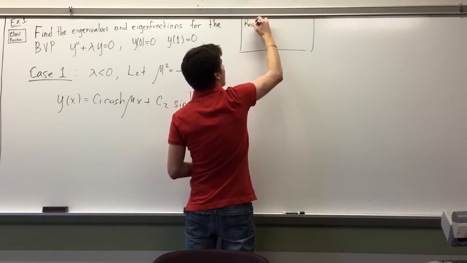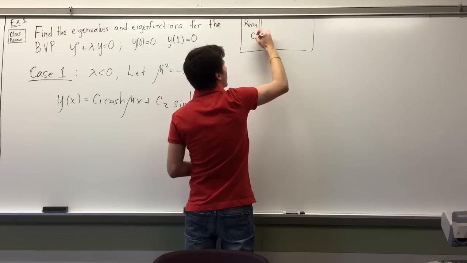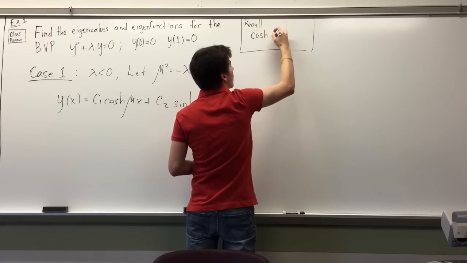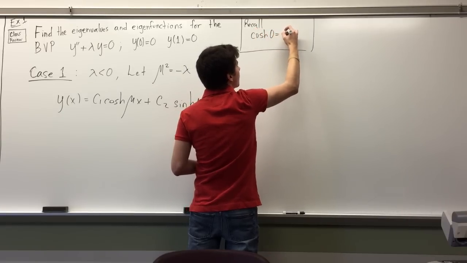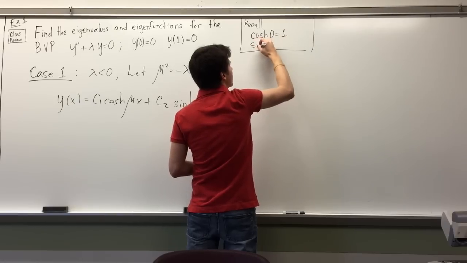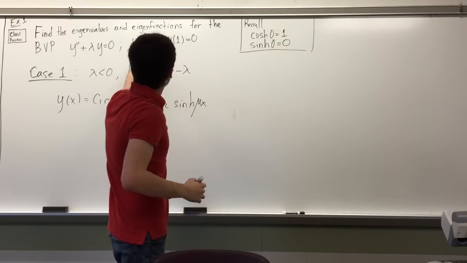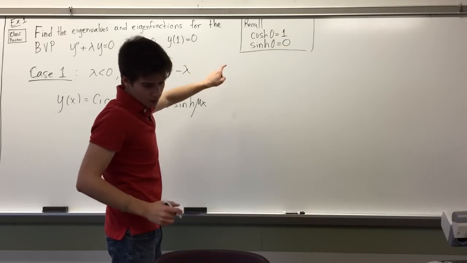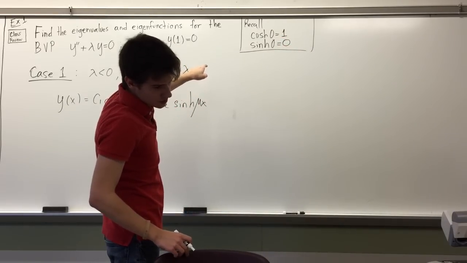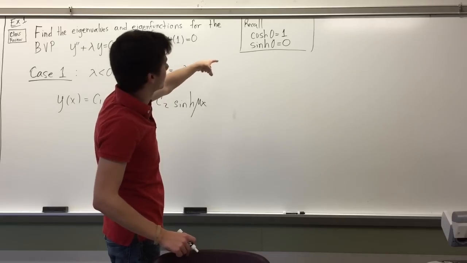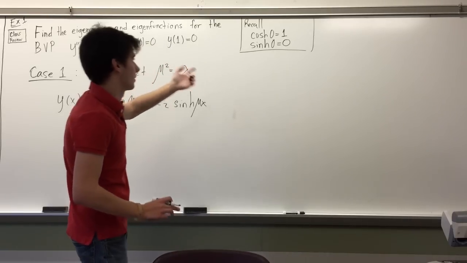Just recall that cosh of 0 is equal to 1, and sinh of 0 is equal to 0. We're going to need this because we have zeros here.